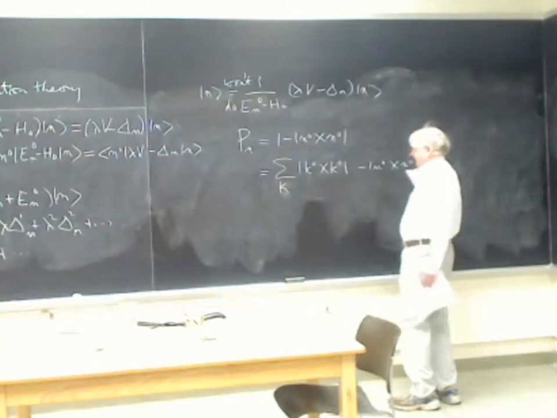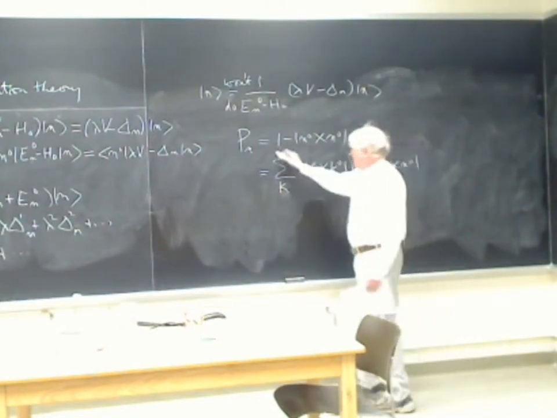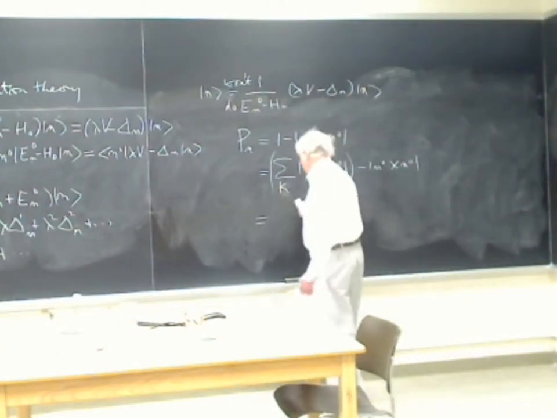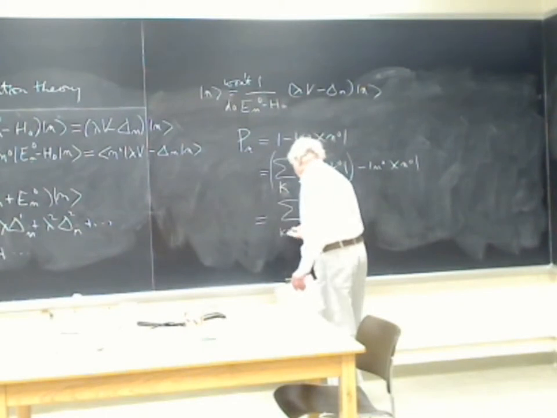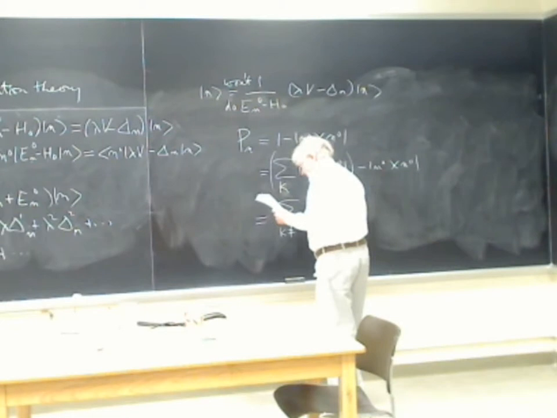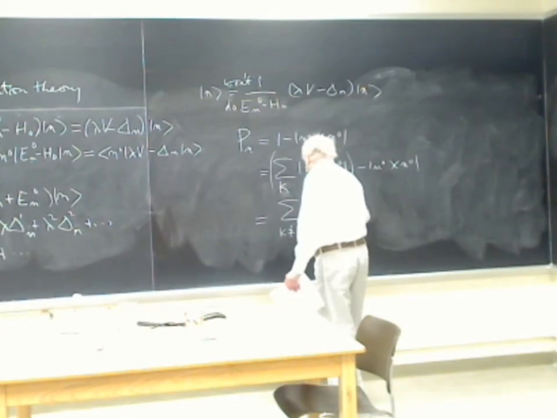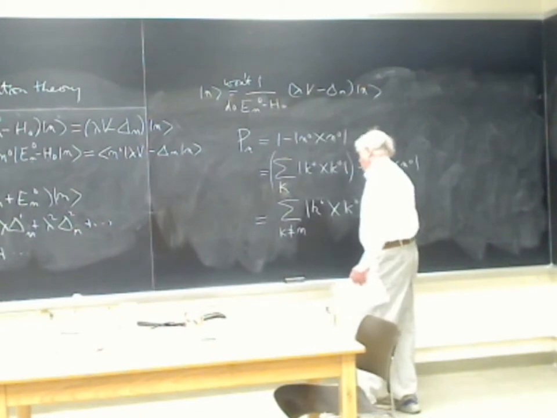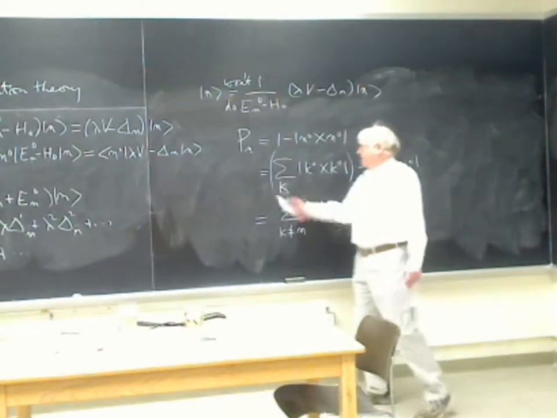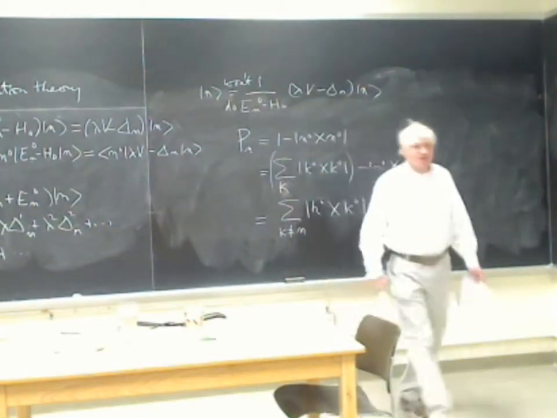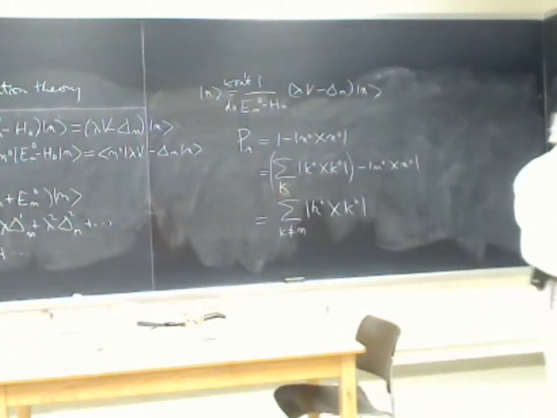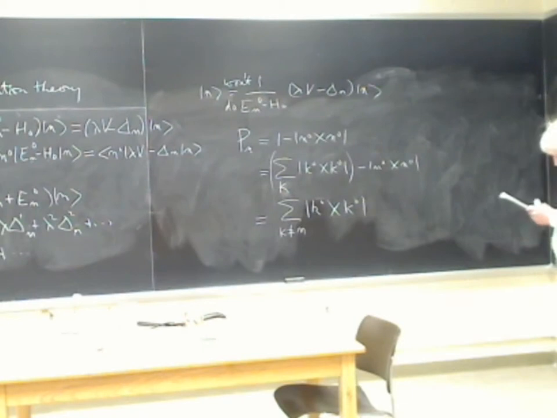So we subtract the dyadic n0, n0 from the identity, and that just gives us the sum over k not equal to n of k0, k0. So this is a projection operator that's orthogonal to the state that's the nth eigenstate of H0, n0.